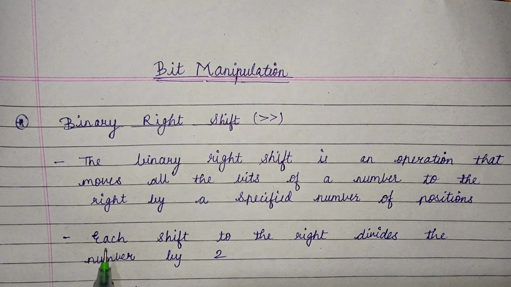Each shift to the right divides the number by 2. So as we shift the bits to the right side, it is the same as dividing the number by 2. We will see its example further.